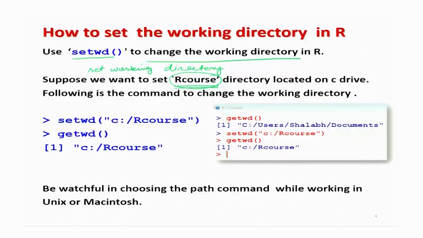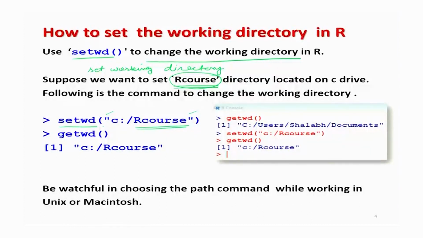In simple words, I want to change the working directory to be the folder R course on the C drive. So for that I write the command setwd within parenthesis, and within double quotes I write down C:\R course.